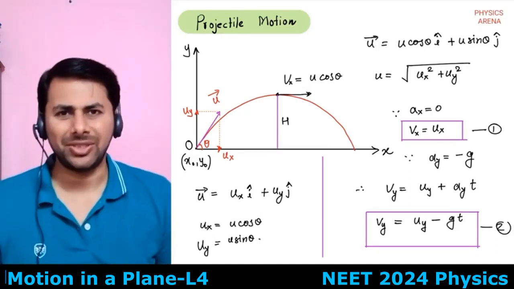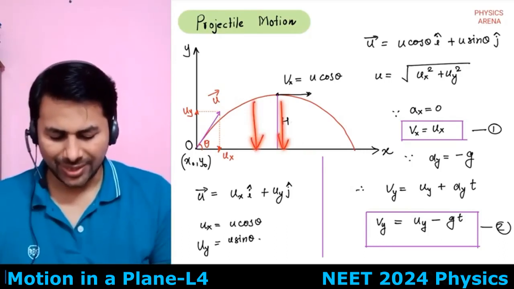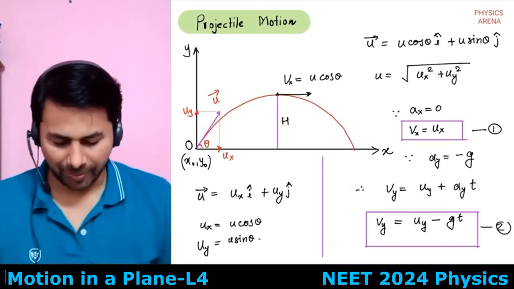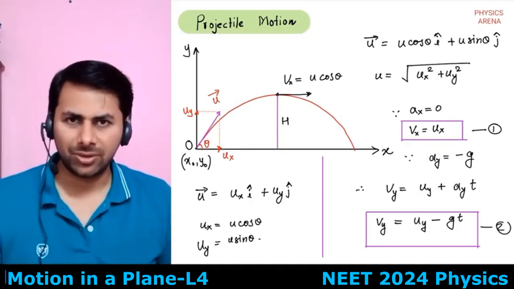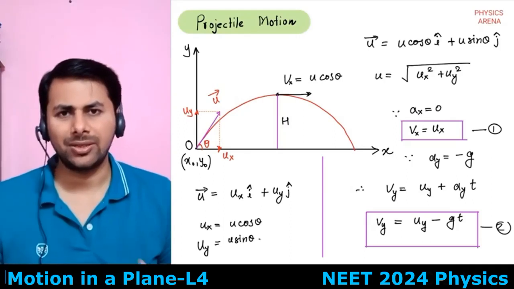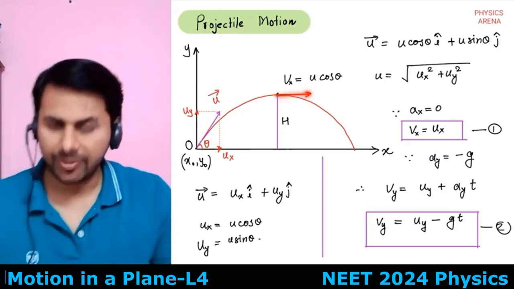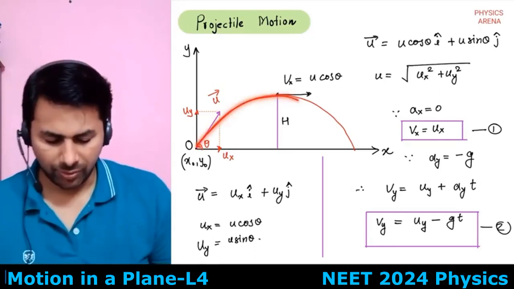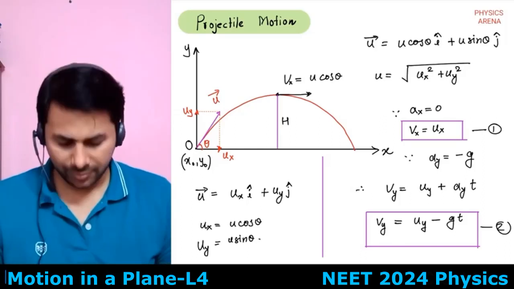That is the gravitational force, which is acting downwards, in the y direction. So there will be no change in the x component of velocity, only the y component will change. So the x component remains constant throughout. Everywhere the x component of velocity will have the same value.